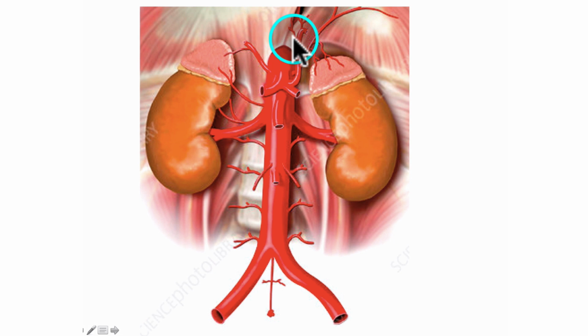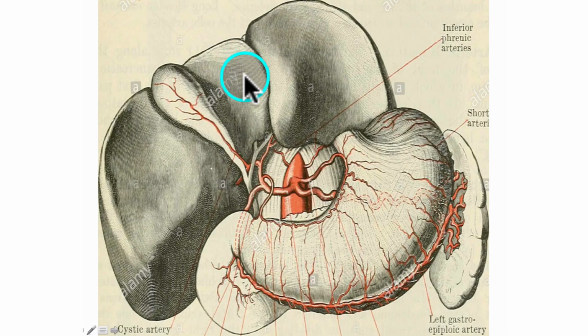This, by the way, right here is the inferior aspect of the diaphragm. And here's another good view of the celiac trunk right here. The aorta immediately piercing the diaphragm. We get the celiac trunk. Here's the left gastric artery, which is providing blood to the lesser curvature of the stomach.